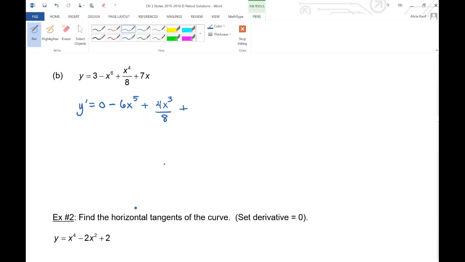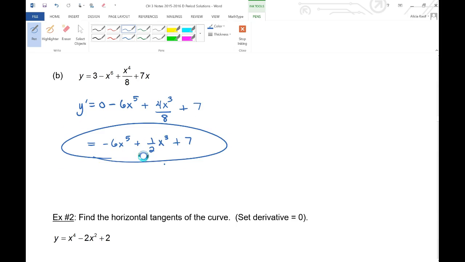Just 7, because it would become x to the 0, which just goes away. Anytime it's x to the first power, we just take the coefficient. Just 1. So now we get negative 6x to the 5th, and reduce that, so that'll be 1/2 x to the 3rd, or x to the 3rd over 2, plus 7. Questions?